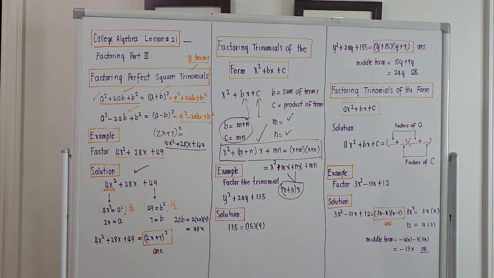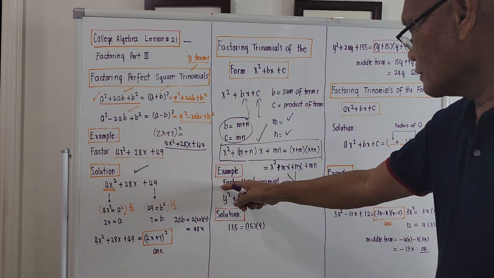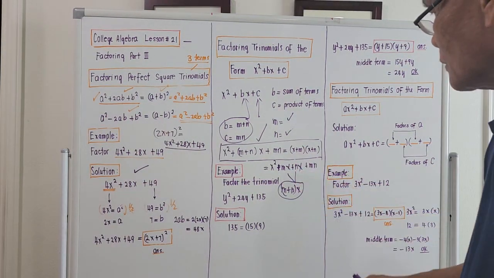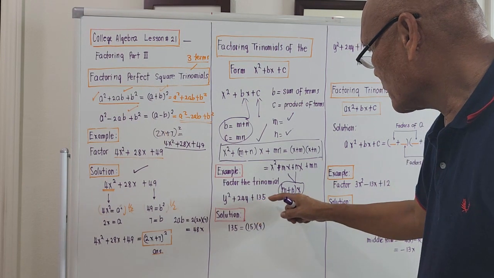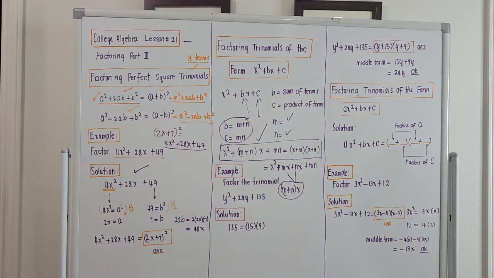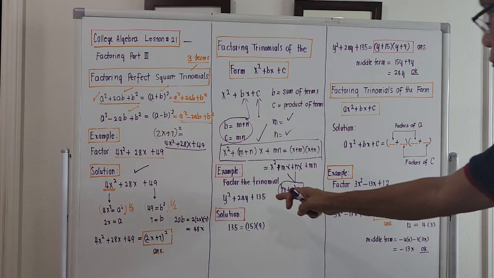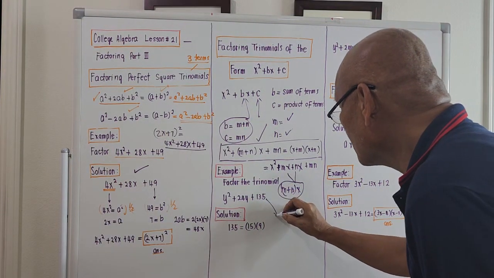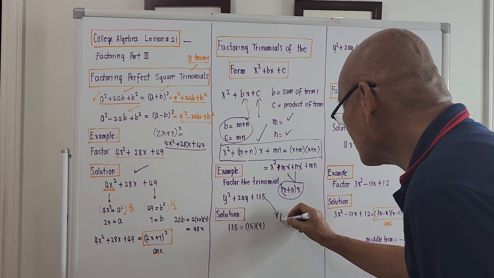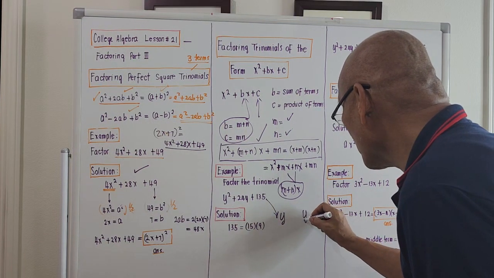Okay, let's try to bring out an example. Factor the trinomial. We are given the trinomial y squared plus 24y plus 135. We are asked to factor this one. So if we try to factor this, of course the first term in each factor will be y and y.